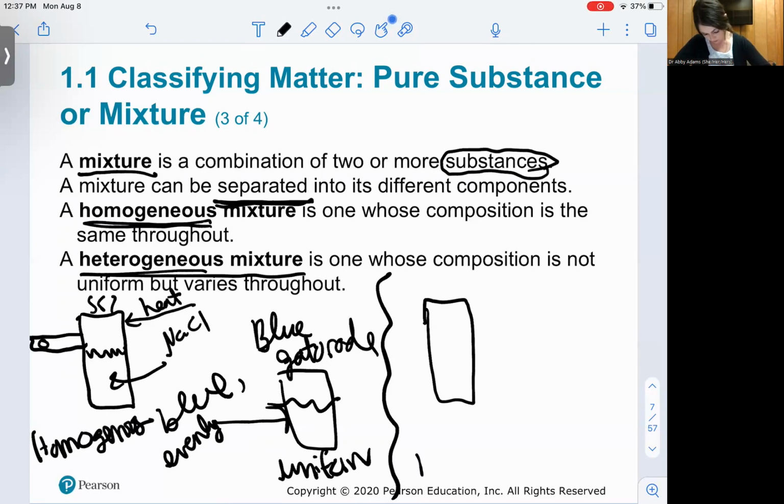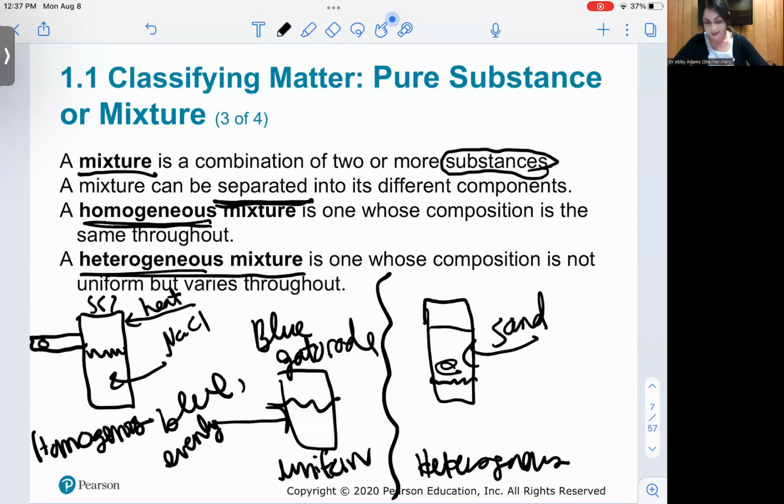But here is a heterogeneous mixture. If we put sand here, like if you've got a bucket of water at the beach and sand, you might be able to swirl it around, but eventually that sand is going to settle at the bottom.